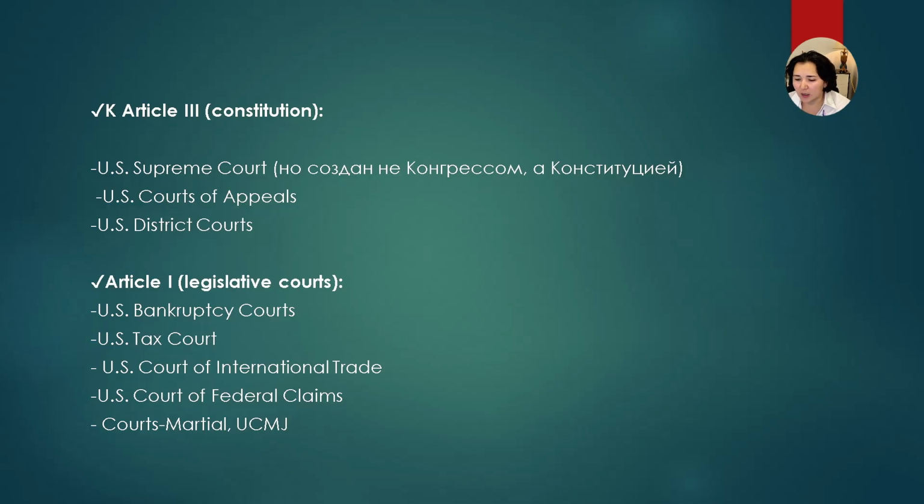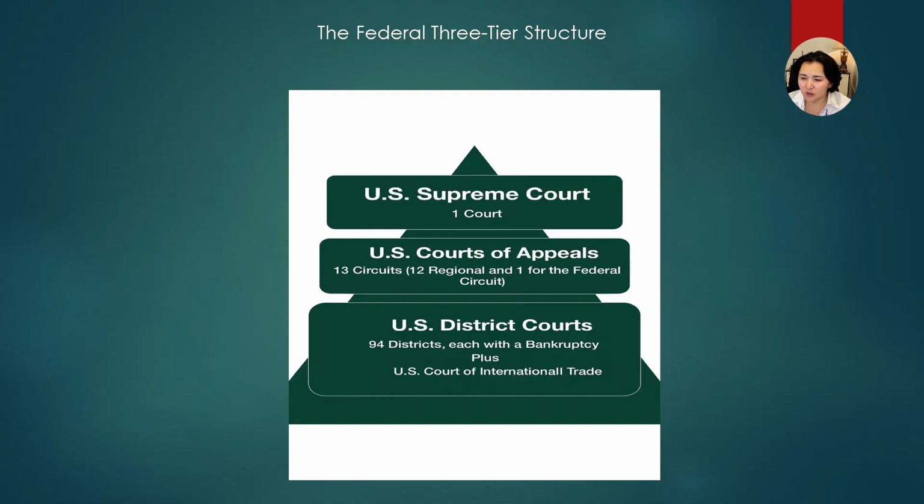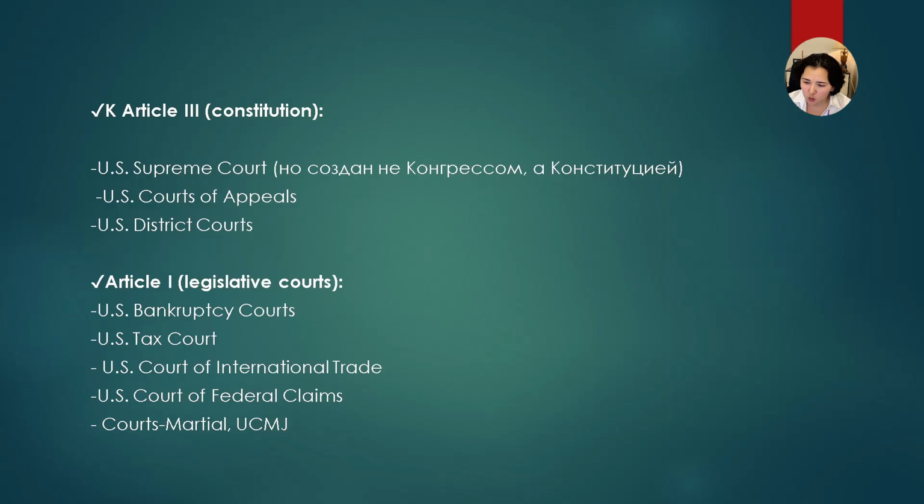Legislative courts, by contrast, do not enjoy these constitutional protections. Their judges are appointed for fixed terms through different appointment mechanisms and without lifetime tenure or salary protection. For this reason, legislative courts are often referred to as specialized courts.